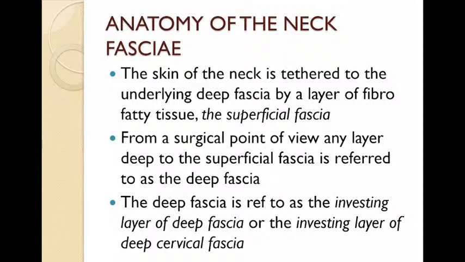Okay, any of those structures, you have so many spaces. You have pretracheal, prethyroid, retropharyngeal, paravertebral, prevertebral. All these spaces become spaces that are part of deep neck spaces. Even the parapharyngeal region is still part of the deep neck spaces.